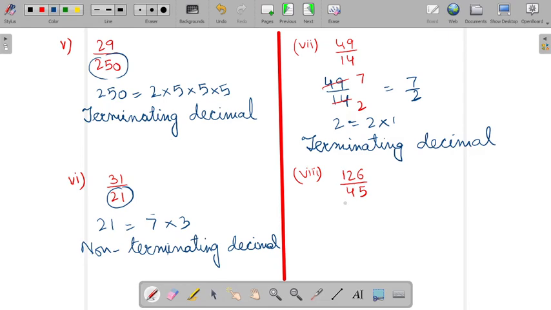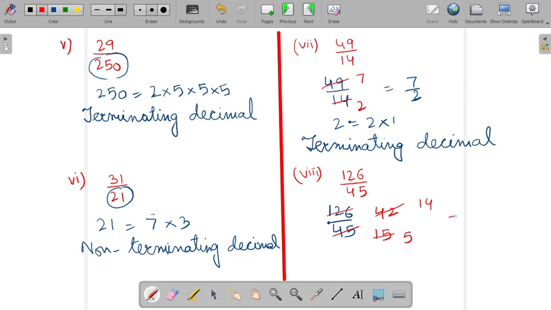Look at the eighth part. Again, in the eighth part, this is not in standard form. So first we will convert it to standard form. It goes by 3, and the denominator is 15, which again goes by 3.